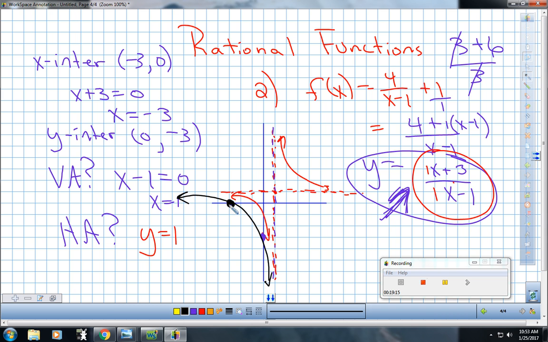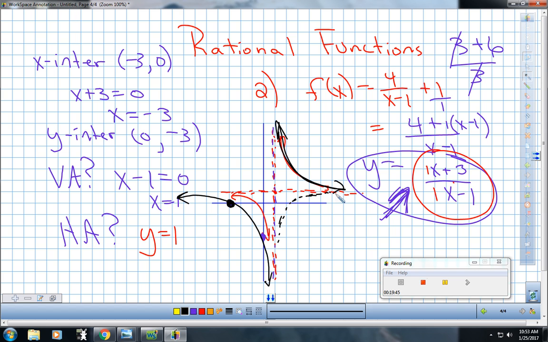Because when I go to graph this thing to the right of this vertical asymptote, I know the function's not going to look like this. Because if it did, there would have been another x-intercept. Does that make sense? So I know that this graph is going to do this. Because there were no other x-intercepts, so it couldn't have done the other one. Does that make sense?